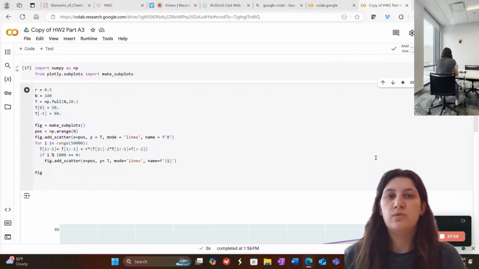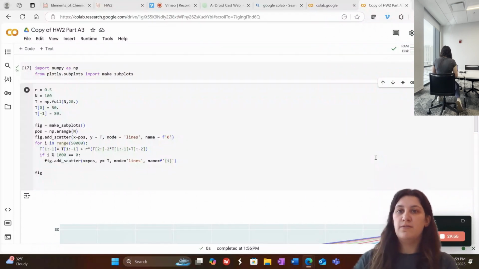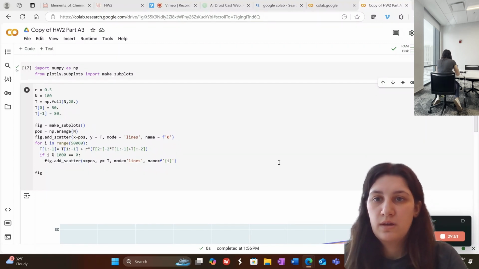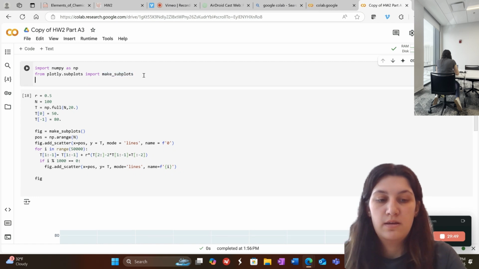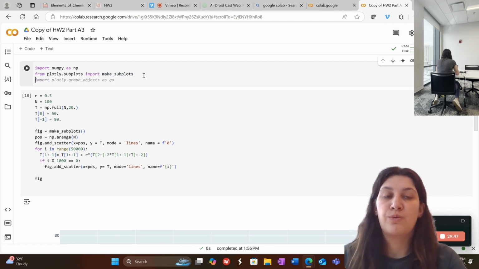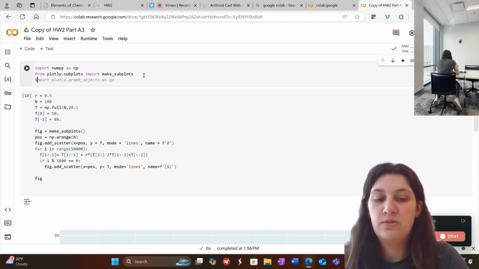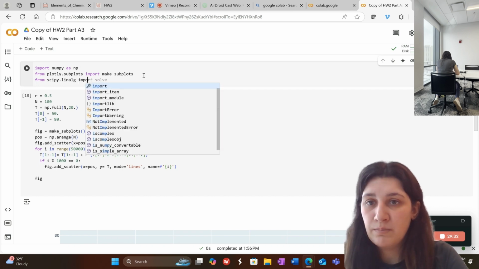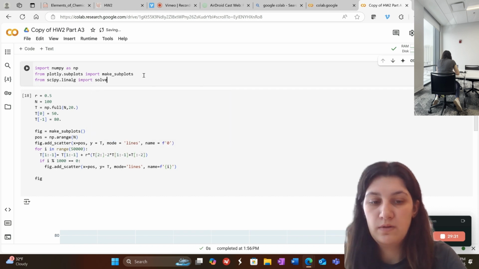Moving over to Google Colab, I made a copy of the code that we wrote in Part A. And now we're just going to edit it to make it work for what we want to do in Part B. First thing we want to do is import another library that we're going to need. So we want to import from scipy.linalg import solve_banded.